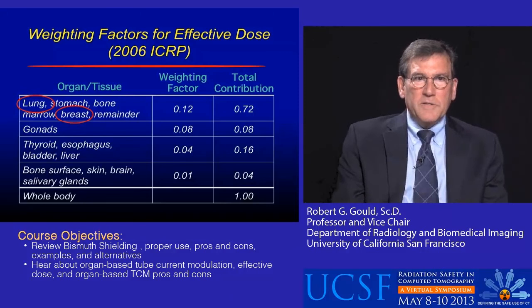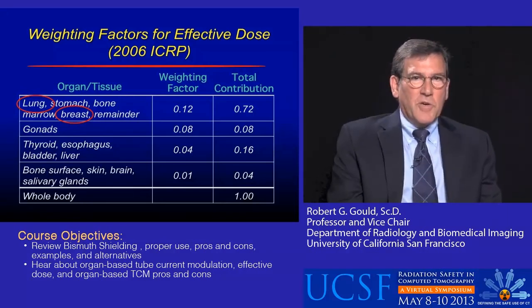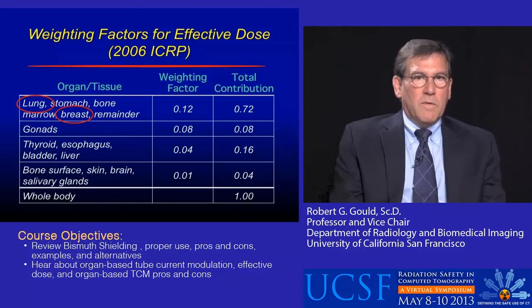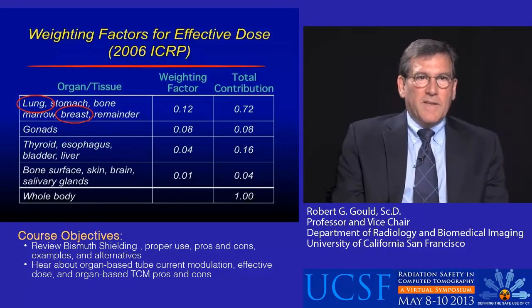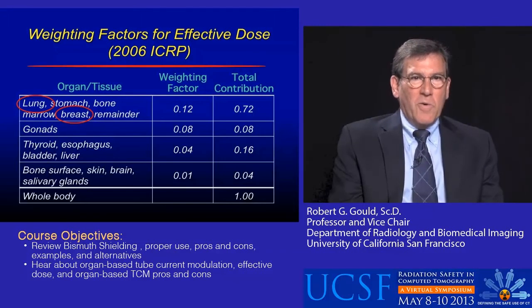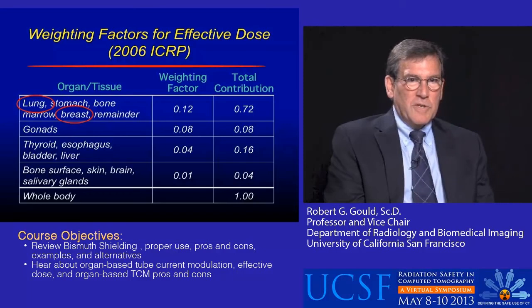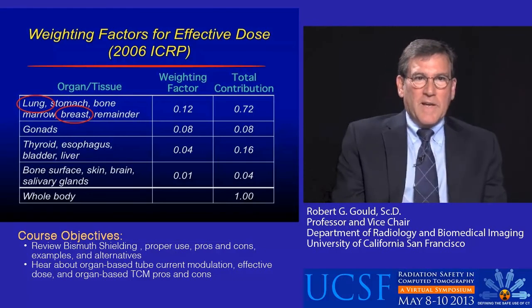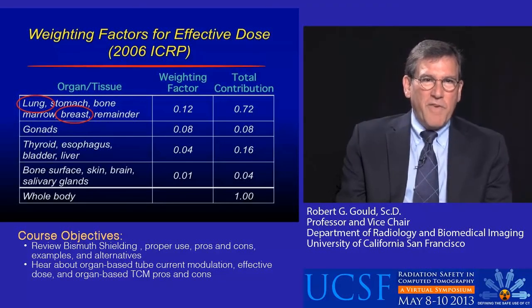Only the problem is, here's the lung. It has the same weighting factor. So at least for tube current modulation, organ-based, that says that if I lower the dose at the front and jack up the dose and reduce it to the breast, I'm trading off breast dose for lung dose, and the lung has the same weighting factor.